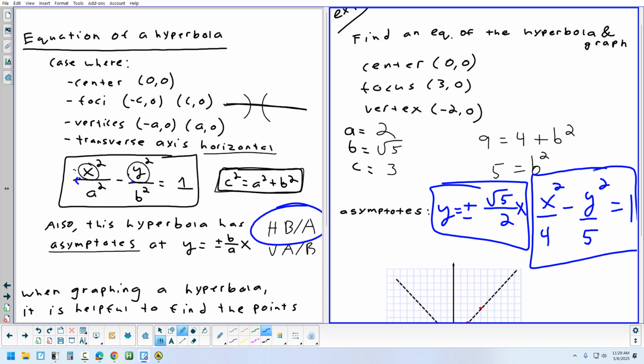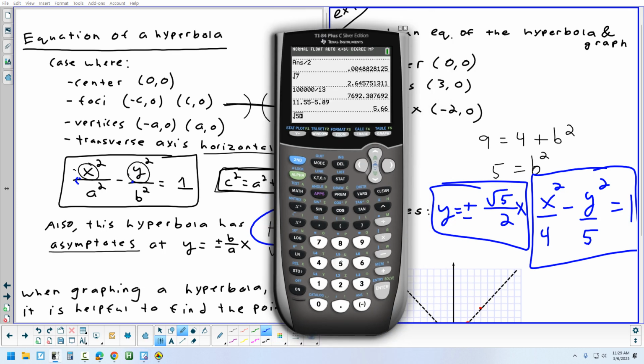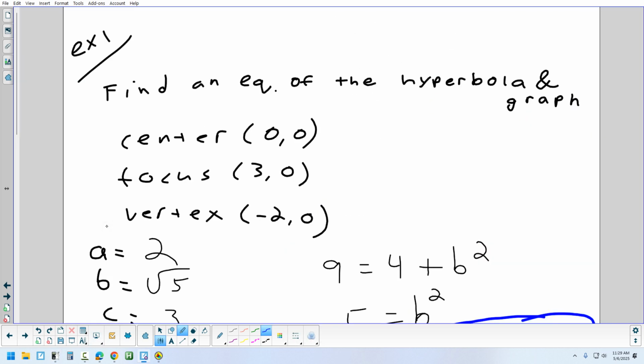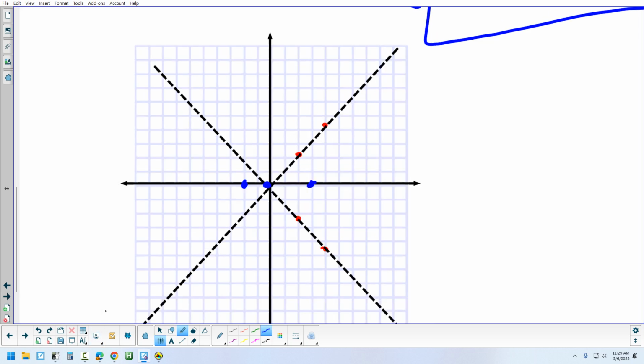All right. Now, square root of 5, that's not really a nice number if you're trying to graph using rise over run. So square root of 5 is about, we'll call it a little more than 2. So we go a little more than 2 up, and then 2 to the right. And that is what I did right here. I went a little more than 2 units up, and then 2 to the right, and then a little bit more than 2 units up and 2 to the right.